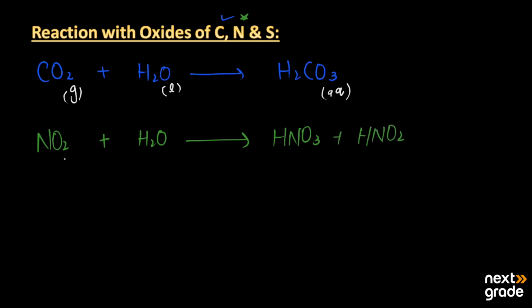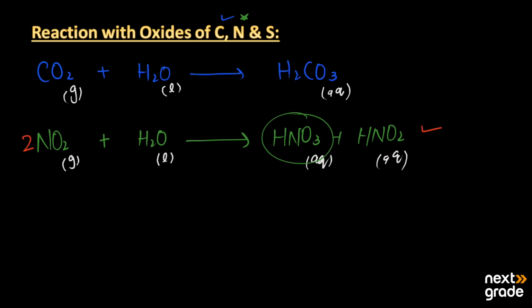And for the physical states, the nitrogen dioxide will be in gas form, water in the liquid state, the nitric acid in aqueous solution, and along with this, the other acid is also in aqueous form. Balancing the equation, here we have two molecules of nitrogen dioxide and the remaining equation is balanced. The main product it produces is nitric acid.